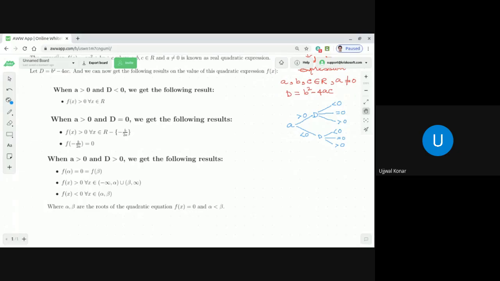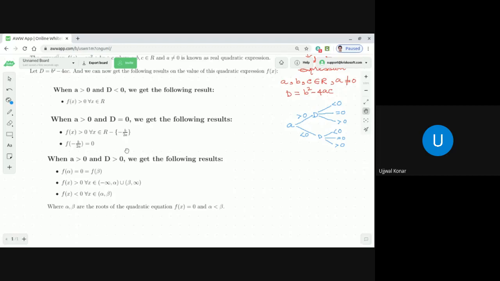That means alpha and beta are the roots of the corresponding quadratic equation f(x) equal to 0, and we are assuming alpha is less than beta. So f(alpha) equal to 0 equal to f(beta). f(x) is greater than 0 for all x in minus infinity to alpha union beta to infinity. And f(x) is less than 0 in between alpha and beta.